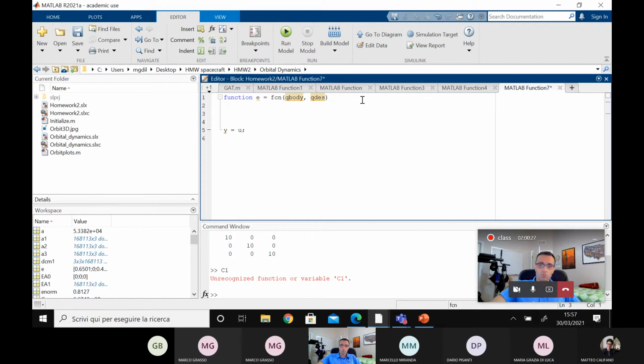So what we do is write the whole error quaternion, and now I need to write the matrix. Okay, so let me just copy this so that I don't have to write it.